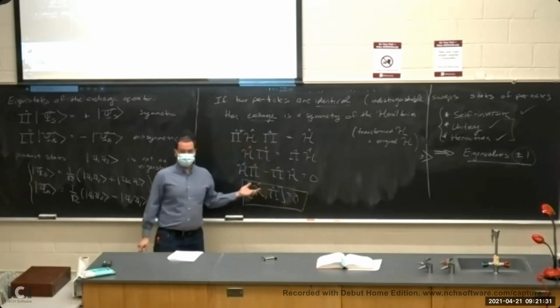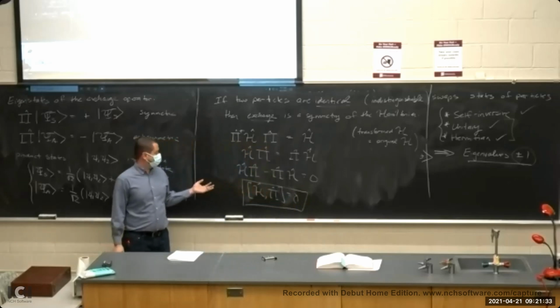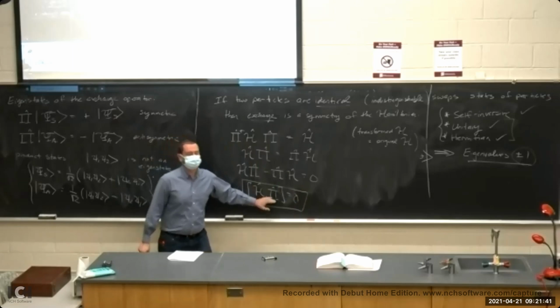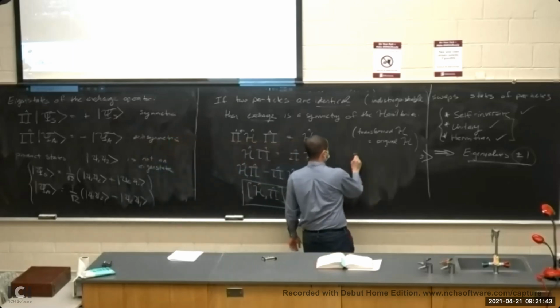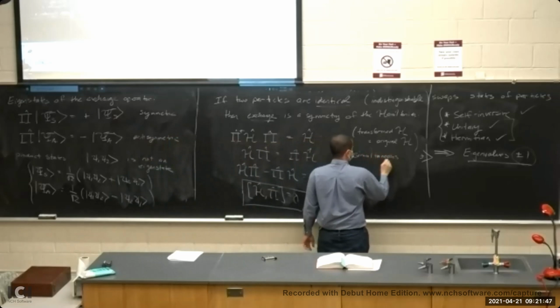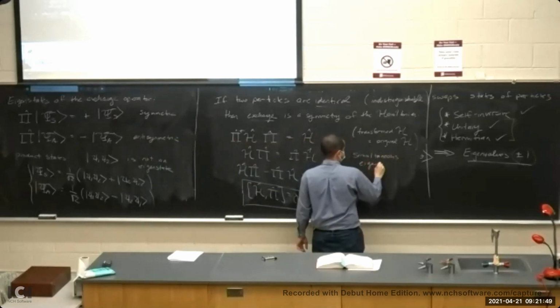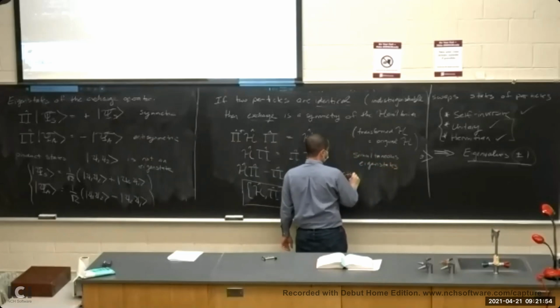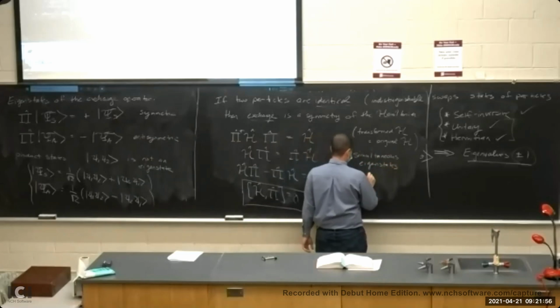So if particle exchange is a symmetry of the system, then your eigenstates of the Hamiltonian have shared eigenstates that have either symmetric or anti-symmetric eigenvalues under particle exchange. So there are simultaneous eigenstates which are either symmetric or anti-symmetric under particle exchange.